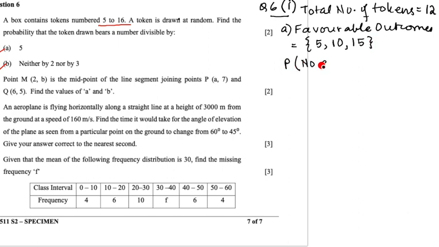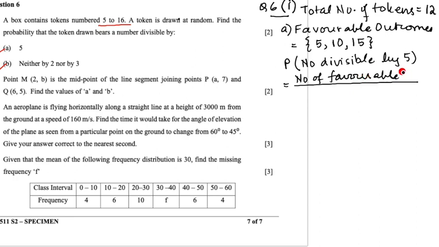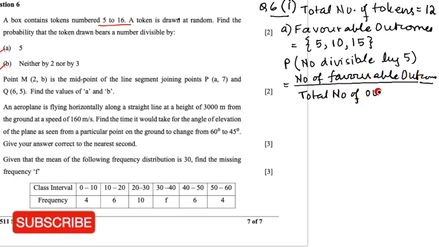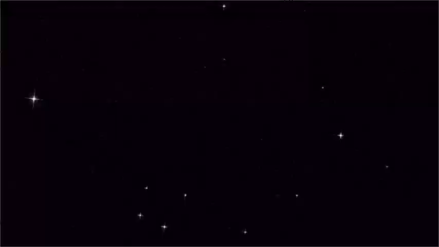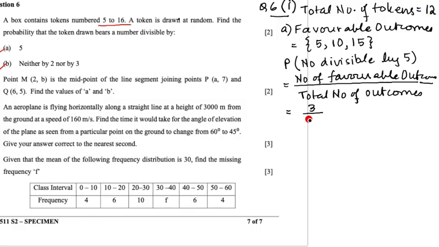The probability of numbers divisible by 5 will be equal to the number of favorable outcomes upon the total number of outcomes. How many favorable outcomes do we have? 1, 2, 3. So it is 3 upon the total, 12, which is equal to 1 upon 4, and that is our answer.